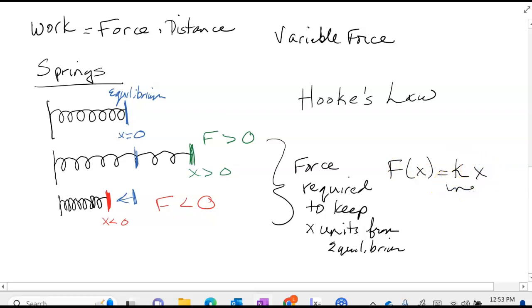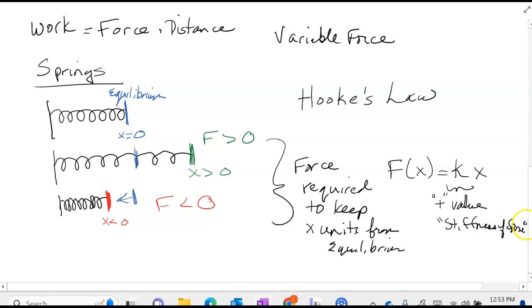And this constant, regardless of the direction you're moving the spring, is a positive value. And it has to do with the stiffness of the spring.